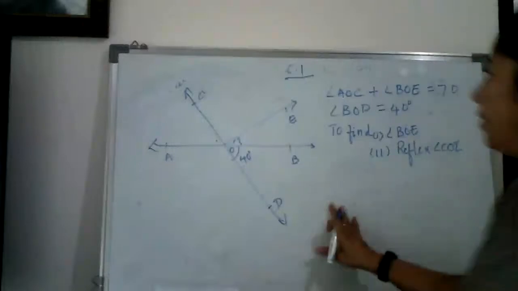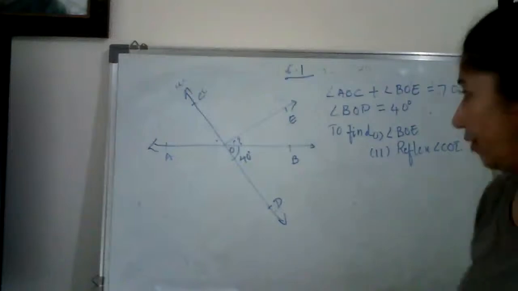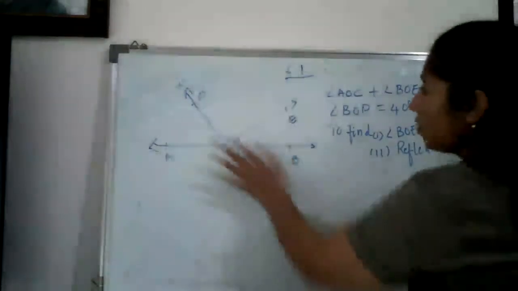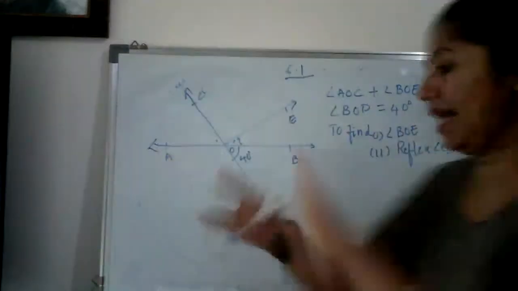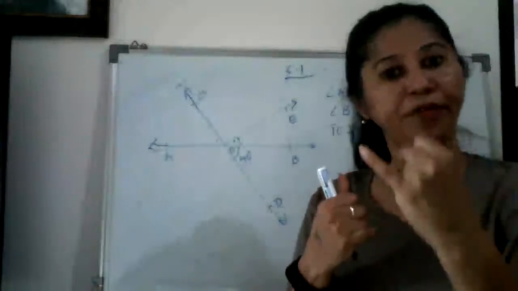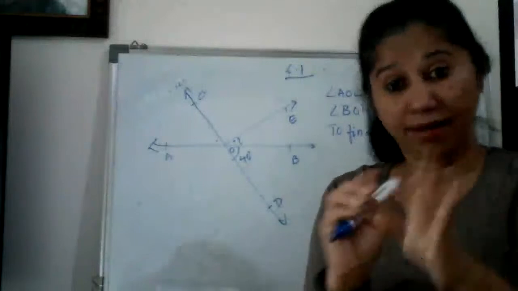Now, what are you given? AB and CD are intersecting each other, right? Could you see they are intersecting each other at O? It's given. So what pair of angles do you make? Whenever you get an X, I told you, you get two pairs of angles. Linear pair of angles, that is total 180 degrees. You have to search for a Y, isn't it?